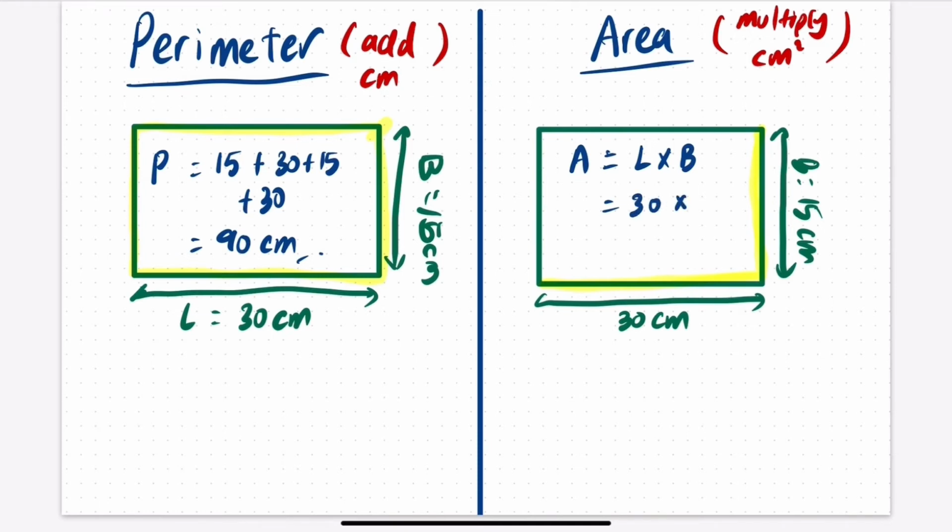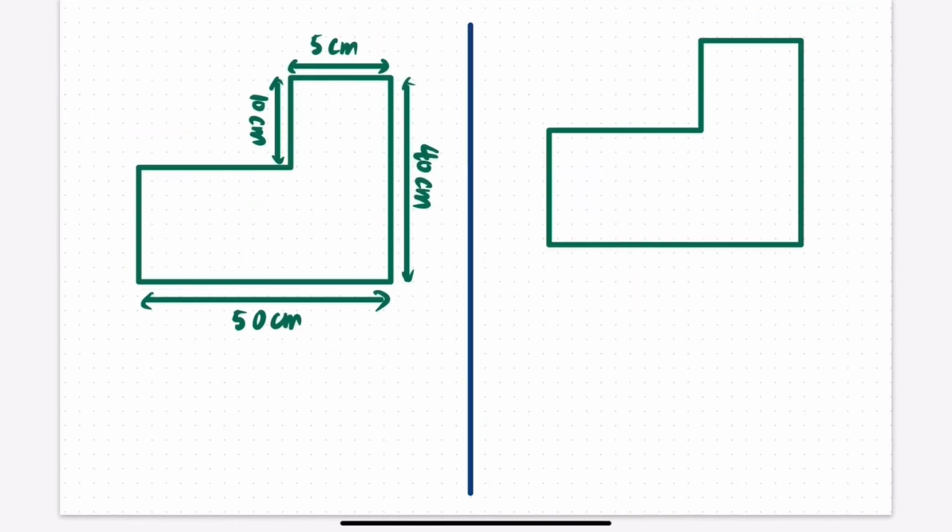So it's 30 times 15, and that gives you 450 centimeters squared. Remember your units. 90 centimeters and 450 squared centimeters. Units are very, very important because they tell you what it is. You can't have an area with a centimeter only unit.